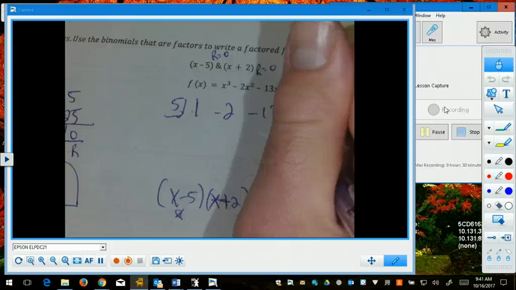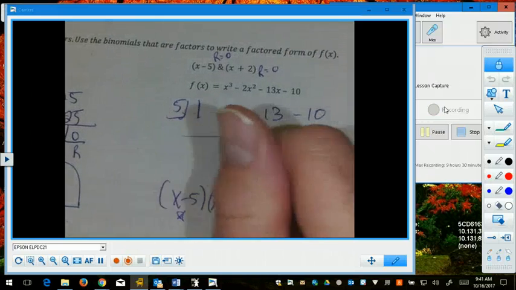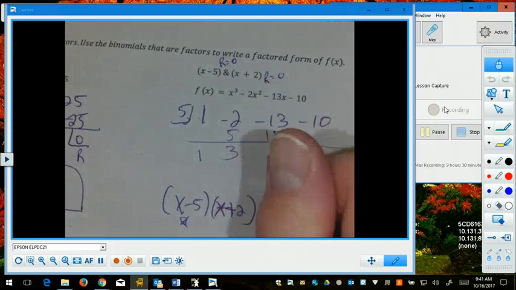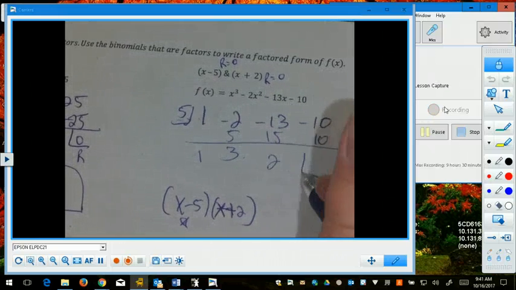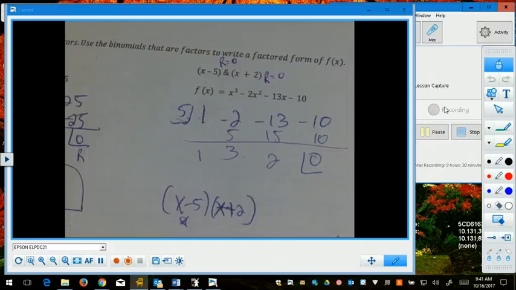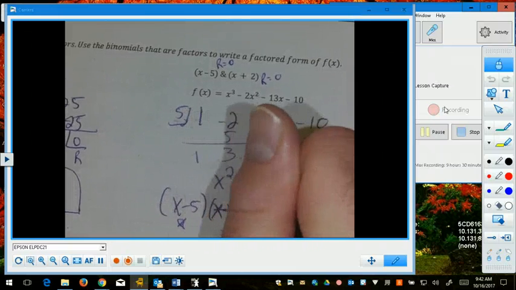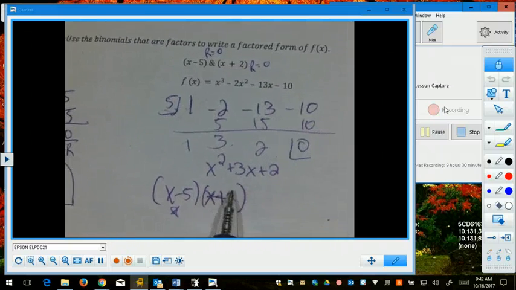1, negative 2, negative 13, negative 10. I bring down the 1 and multiply. And again, I get a remainder of 0. This also should look familiar. Some of you did this equation already. So this is x squared plus 3x plus 2, which should be easy to factor.